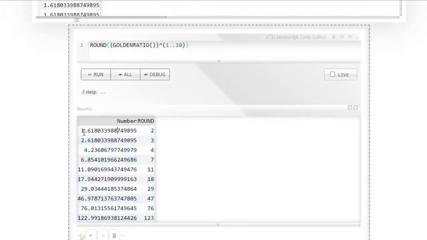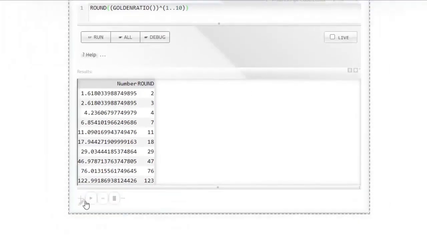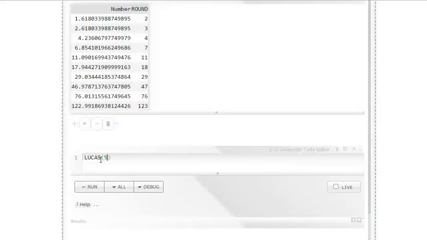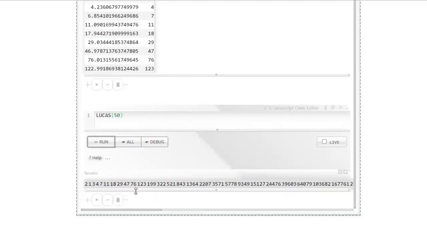And you see, if you round them, you get the sequence 2, 3, 4, 7, 11, 18, 29, and so forth. And that happens to be the same as the Lucas sequence, which goes like 3, 4, 7, 11, 18, 29, 47, and so forth. So we say that the Lucas sequence is closer to the golden ratio property, to the powers of the golden ratio.